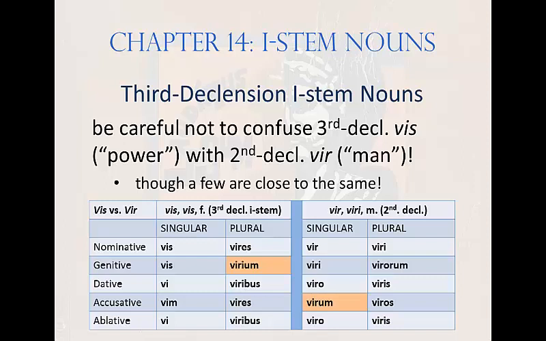Virium, of strength, the genitive plural of vis, looks a lot like virum, the accusative singular of vir meaning man. Also, vires, the nominative and accusative plural of vis, looks a great deal like viros or viris, the accusative plural and dative and ablative plural of vir.